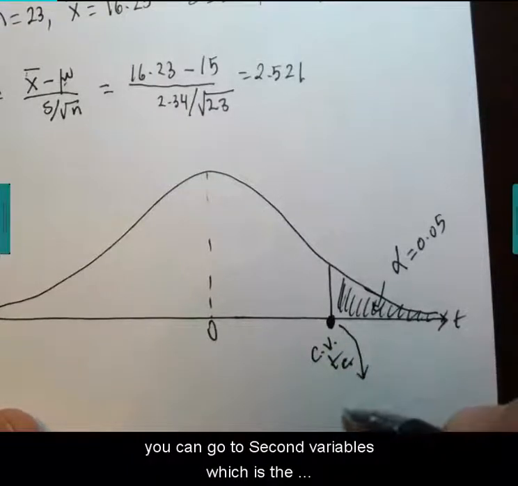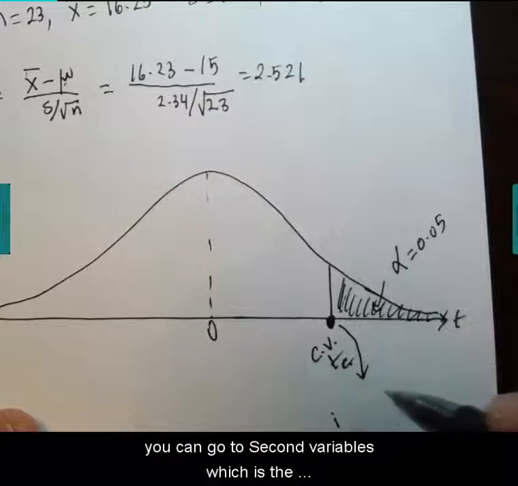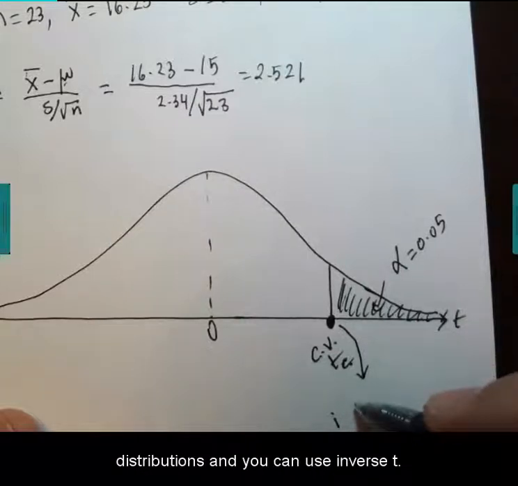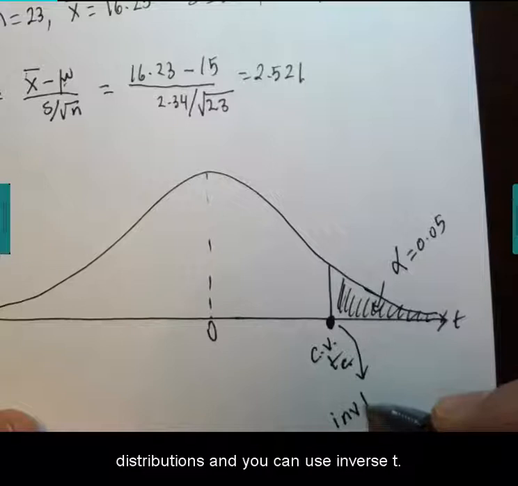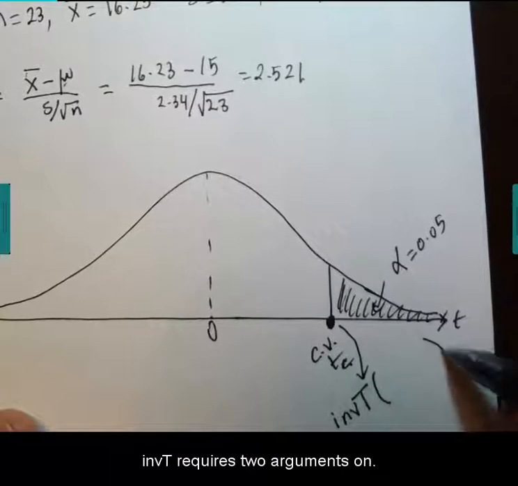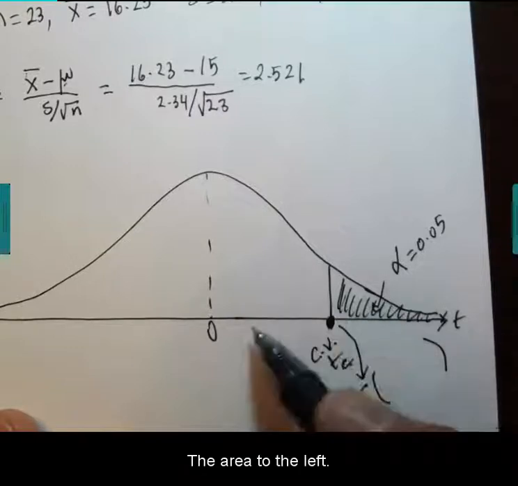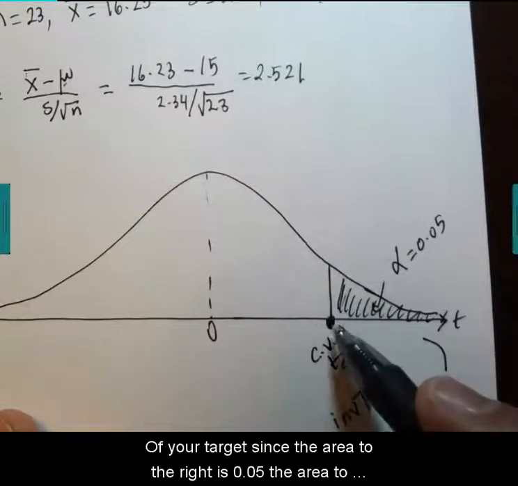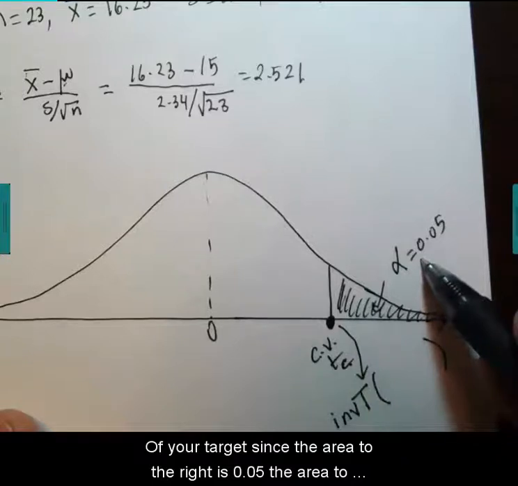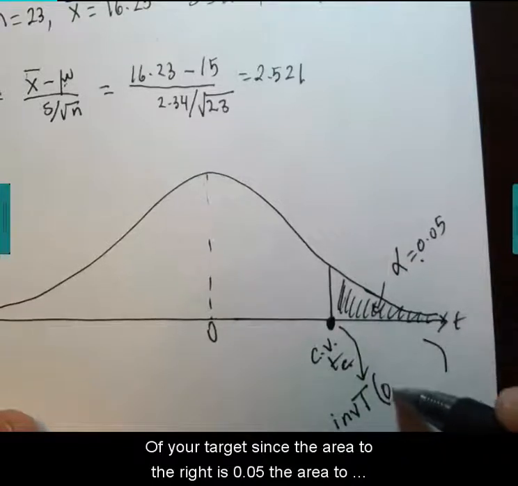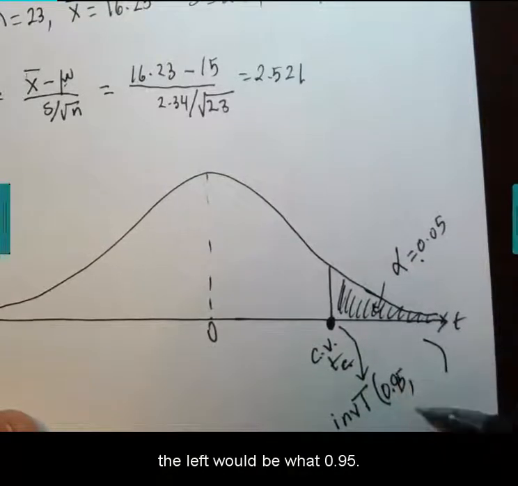To find this value, you can go to second, variables, which is distributions, and you can use inverse T. Inverse T requires two arguments only. The area to the left of your target, since the area to the right is 0.05, the area to the left will be 0.95.